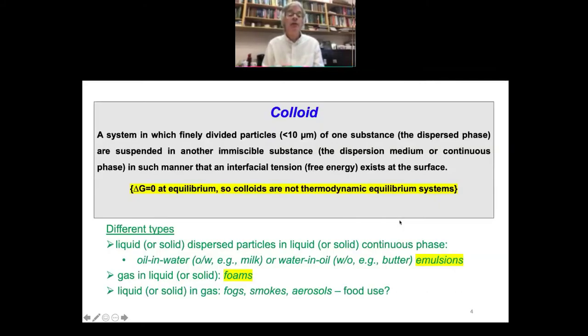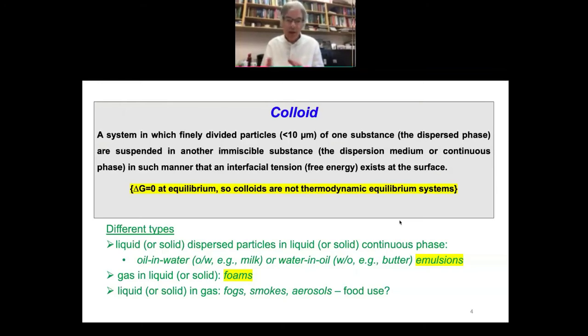Okay, we'll start at the beginning and just define what we mean by a colloid. A colloid is a system. It could be a food system or other systems in which we have finely dispersed materials dispersed into a medium or the continuous phase in which they're not dissolved, but they remain dispersed as a discrete particle. So this is the colloid system that we're talking about, where we've got particles dispersed and stabilized in a continuous phase in which they're not miscible, they're not dissolved.